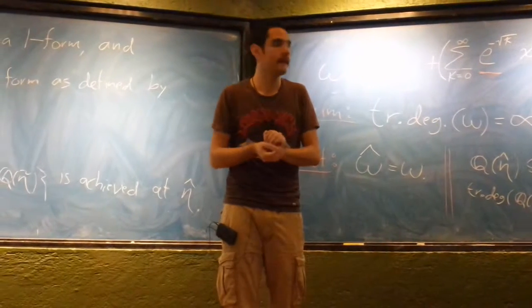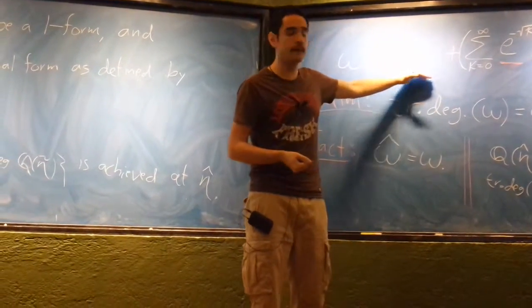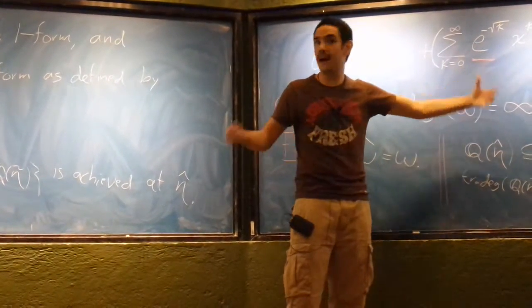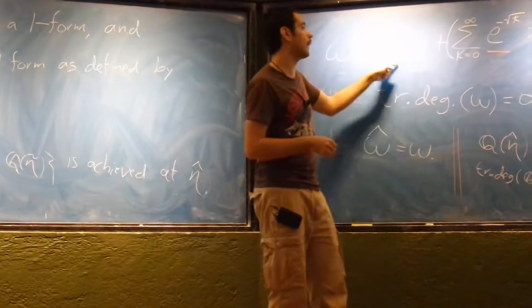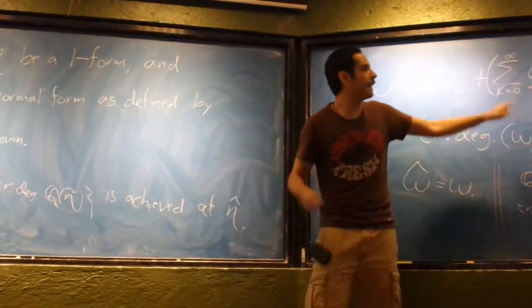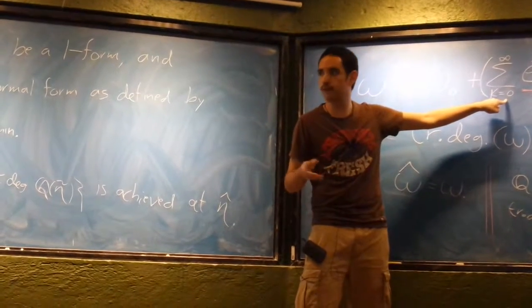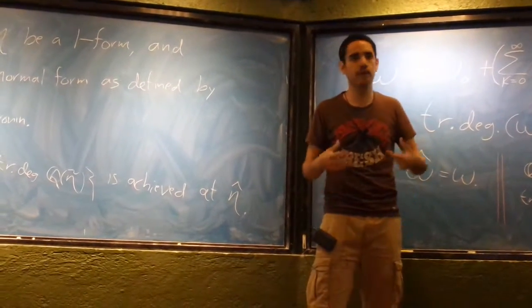And then the way I constructed this one form was such that the coefficients are going to generate a large field extension. And because this one form is already in its normal form, I cannot decrease the transcendence degree. So any other one form is going to have at least as much transcendence in its coefficients as this object.